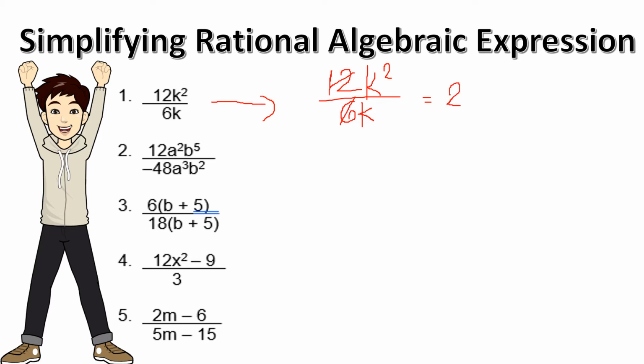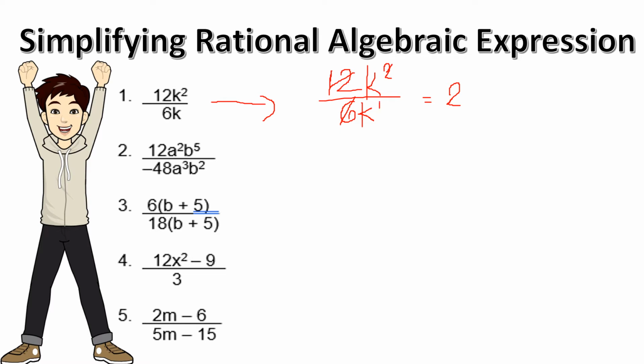So pag binasa natin, maririnig natin sa sarili natin, so malalaman natin yung operations to be used. Next, k squared divided by k. So sa division, sa law of exponent, we have the quotient law, division ang operation, pero ang exponent natin ay isusubtract. So this becomes 2 minus 1.